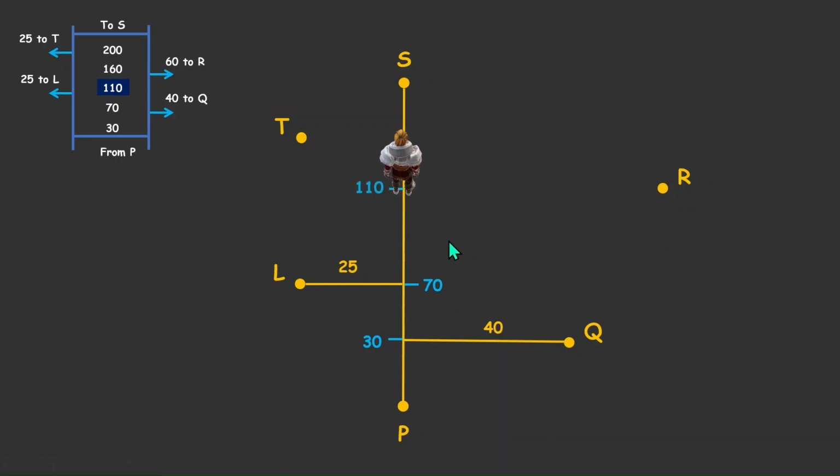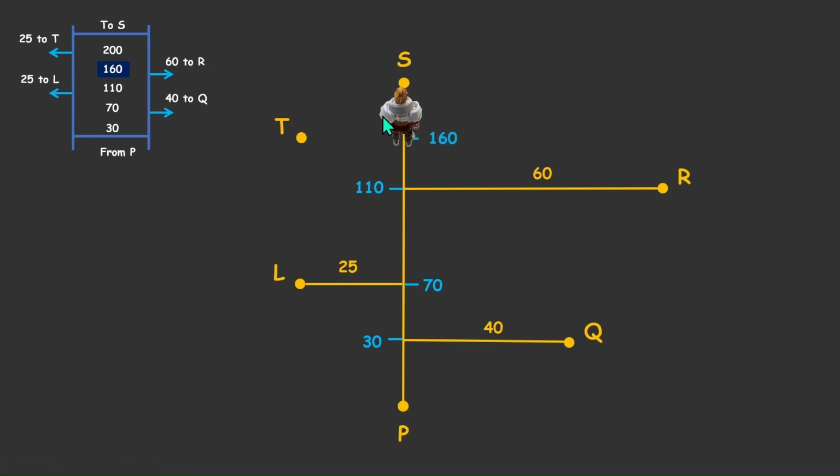This is 110. And then in the right direction, we see the vertex R at a distance of 60 meters. All of these are perpendiculars, so that's why we're making straight lines here. Then the surveyor turns back and walks on his path until the 160 point. So this is the 160 point.